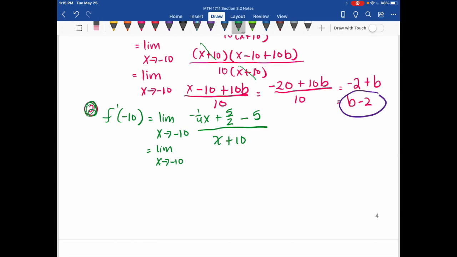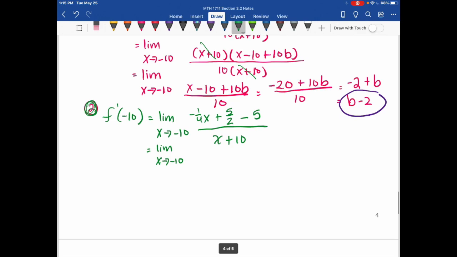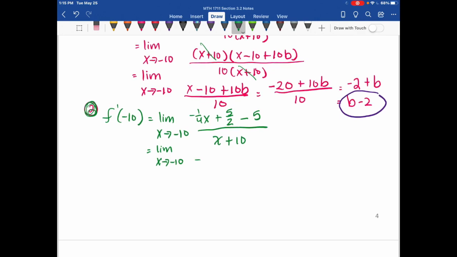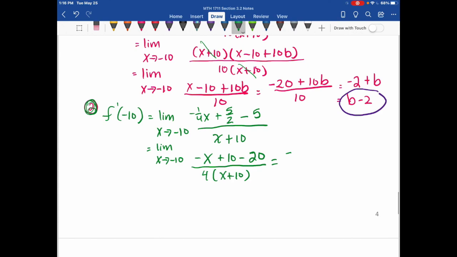So I have the limit as x approaches negative 10. I'm going to multiply everything by 4 because that will clear my fractions. So that will give me negative x plus 10 minus 20 all over 4 times x plus 10.